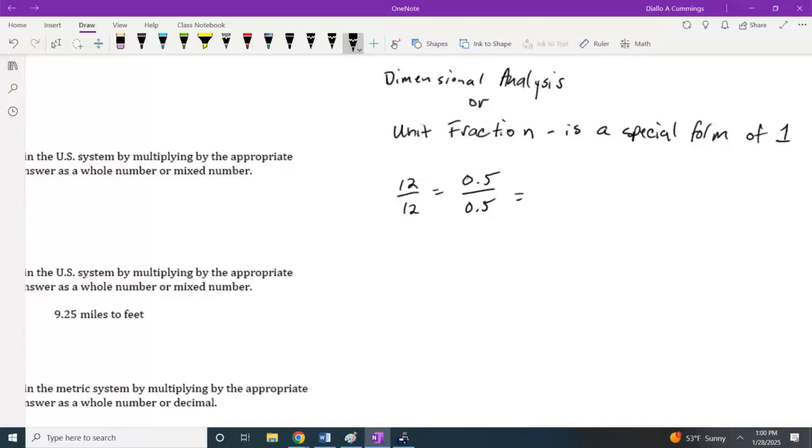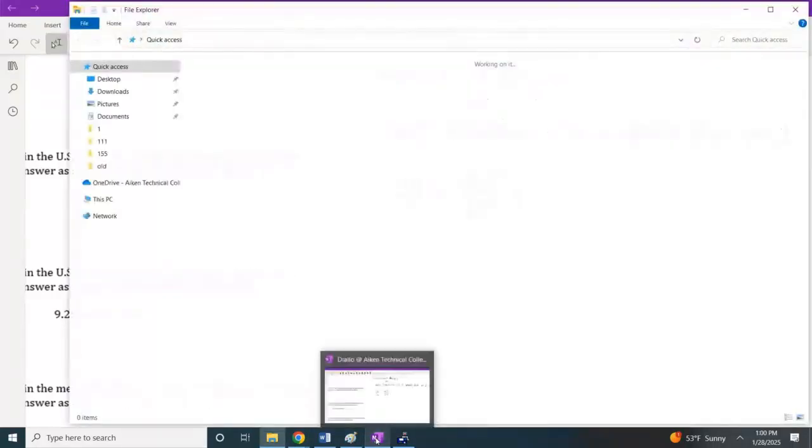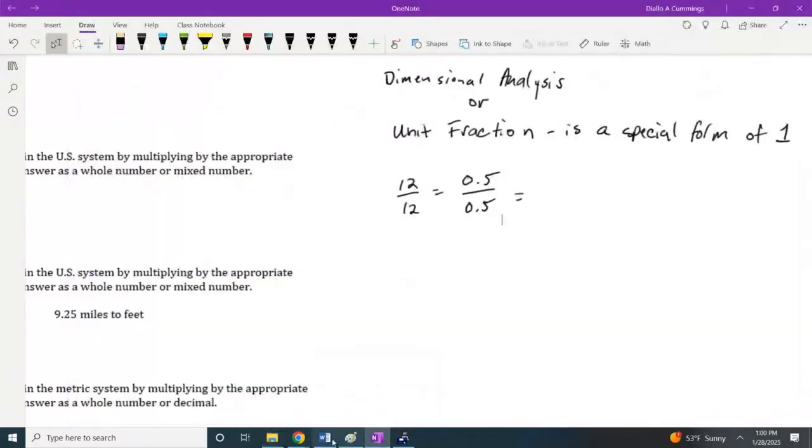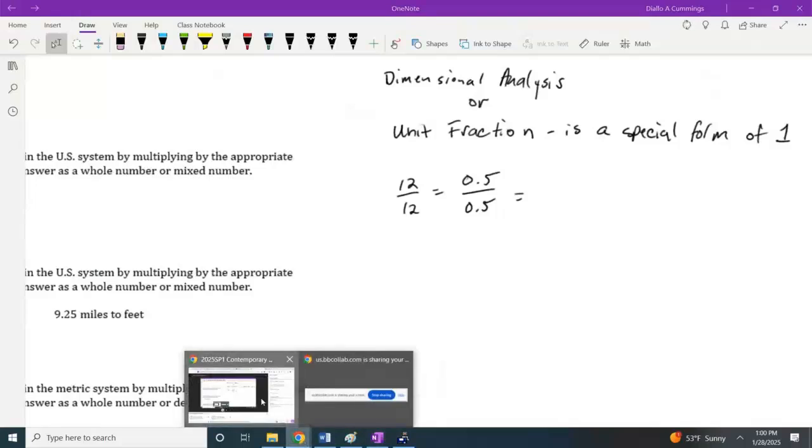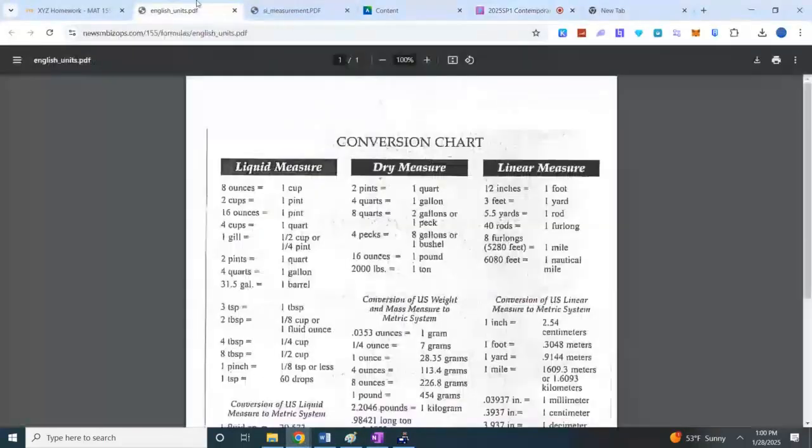And if you look at your conversions, if I bring up the standard unit of measure formula sheet, we can also make unit fractions, and we're going to start with this linear measure. It says that 12 inches is equal to 1 foot, right? So I can actually form a special kind of 1 between the 12 inches and 1 foot.